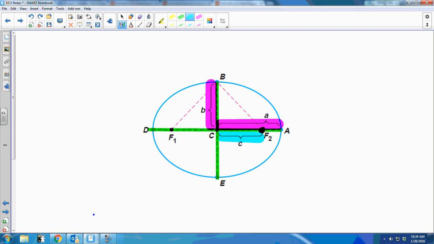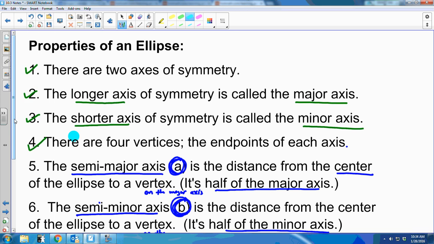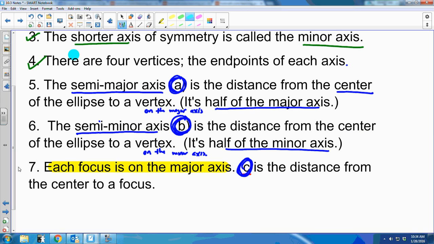Okay? Does anyone need more time writing any of these things down? That's fine. There's just lots of little parts. I've got to make sure we know what they all are before I start talking about them.